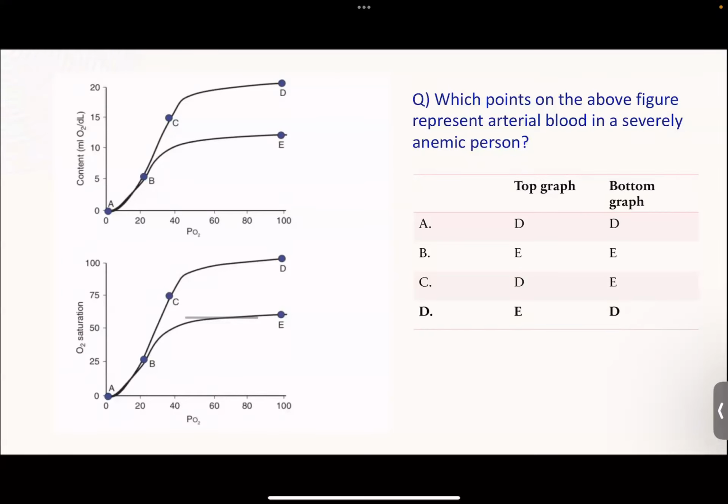Are we all sure why it's D? All right. So we have one graph that's talking about the concentration, right? This is telling us how much oxygen, and this is telling us what the ability to bind.